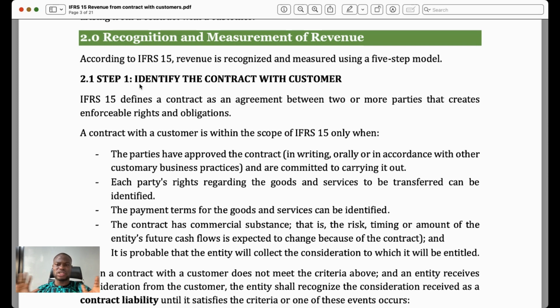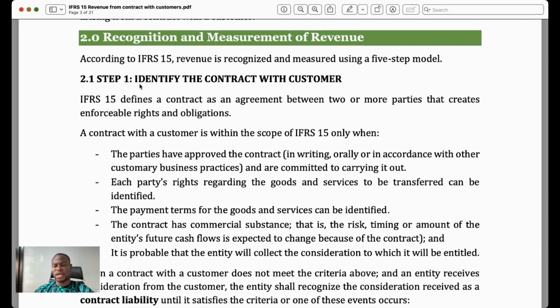But each party must respect their rights. So it sees a contract like that: an agreement between two parties that creates rights for one party as well as obligation for another party, and each of them can enforce their respective rights and obligations.